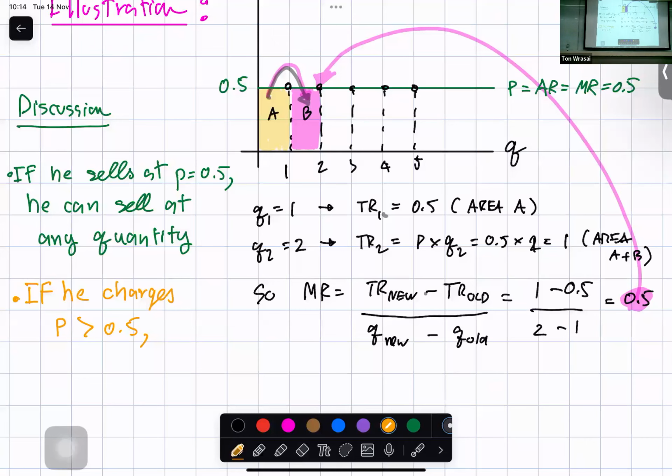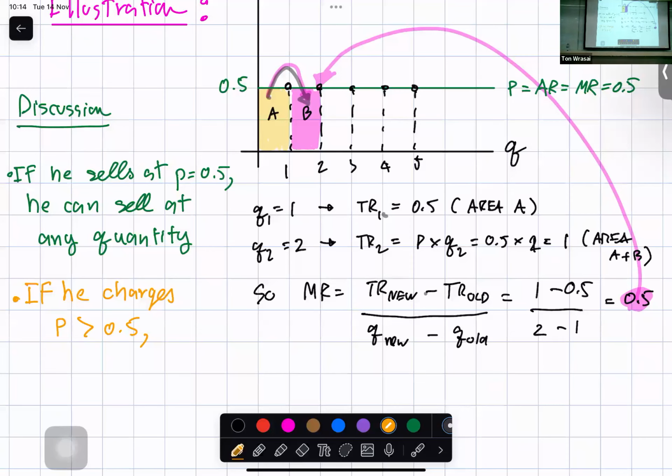Is there any difference between the photocopy service from his shop and other shops? No, because the product is homogeneous. There is no incentive for buyers to pay more than 0.5 if everything looks the same from every shop.